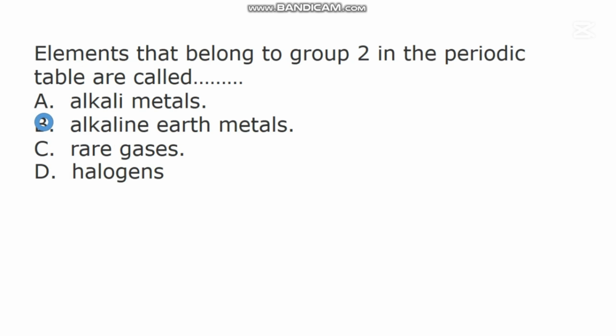All the elements that belong to group 2 in the periodic table are called alkaline earth metals. The elements that belong to group 1 in the periodic table are called alkali metals. The ones that belong to group 7 are called halogens, but the ones that belong to group 8 or 0 are called rare gases or noble gases.